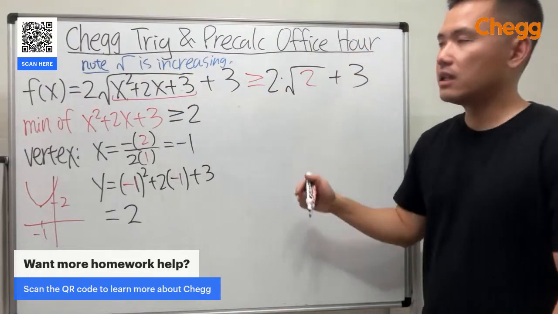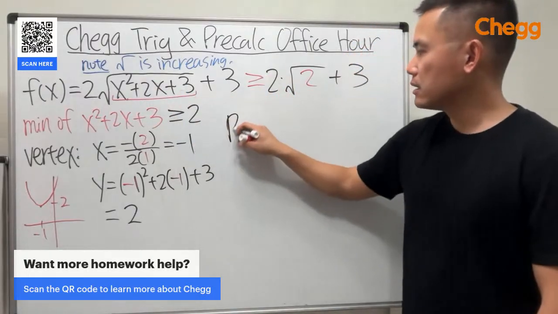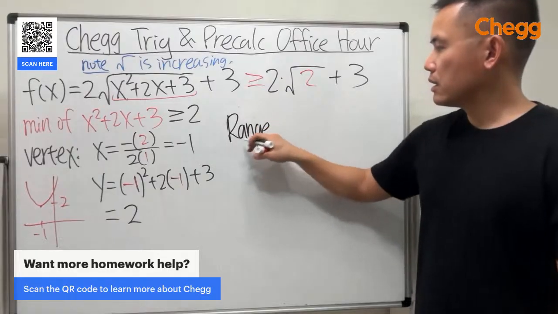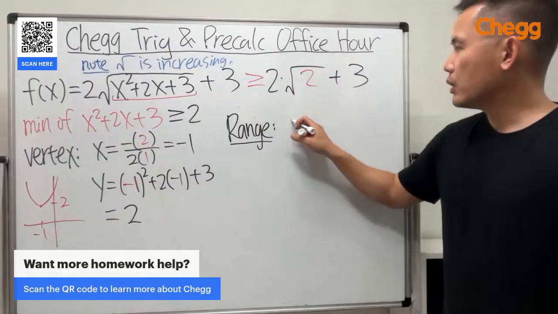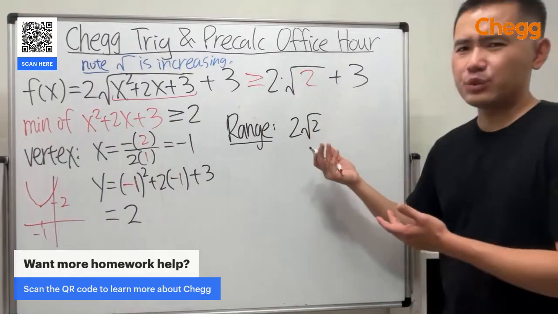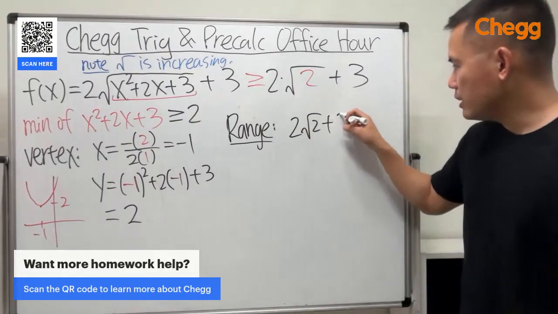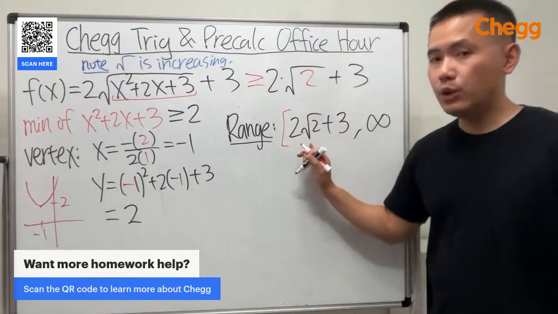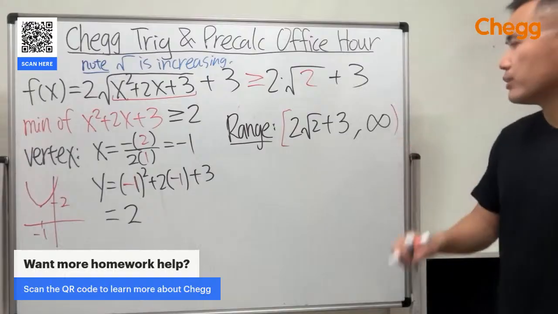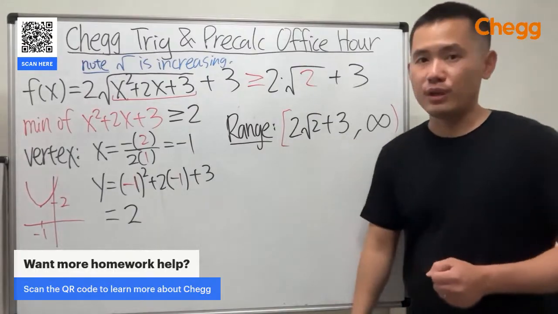So the range starts at the minimum, which is 2 square root of 2 plus 3, we cannot really simplify anything, and then comma infinity. It's possible to be equal to this number, but you don't include infinity. So that would be the range.